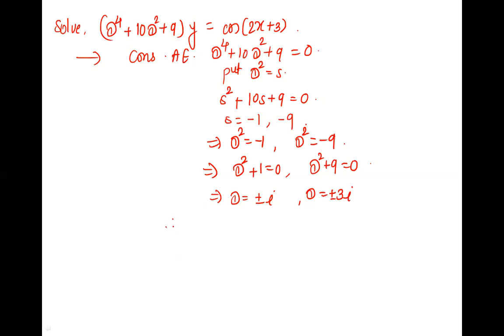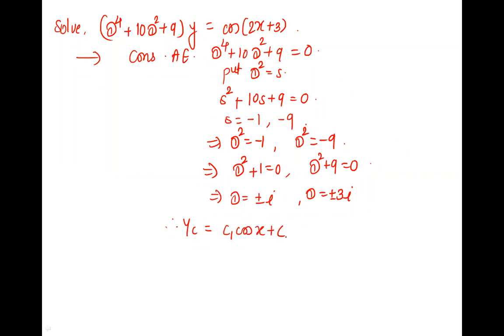Nature? Imaginary and different. Very good. What is alpha here? 0. And alpha in the second root? 0. Correct. So it is e raised to 0x. If you do not write it, okay.